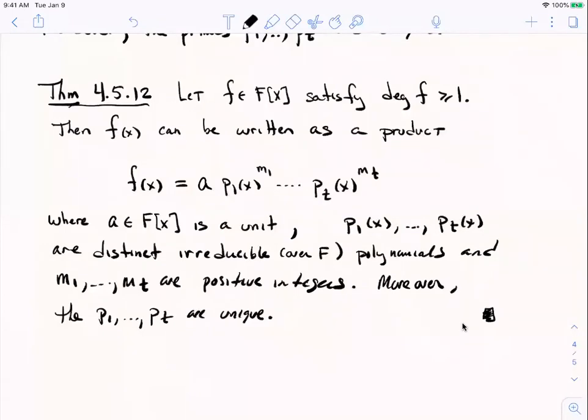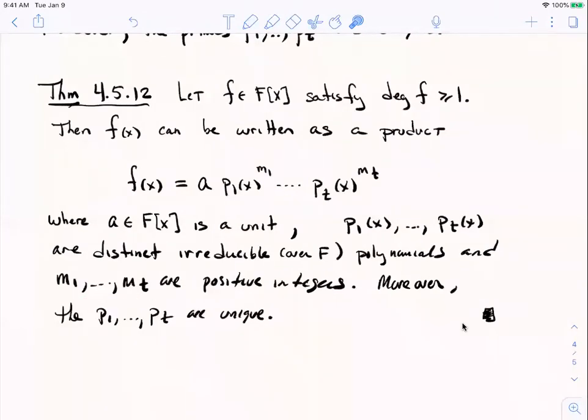It says that if you take a polynomial whose degree is at least 1, that is, it's not 0 and it's not a unit, a very strong analogy, then you can write it as a product in the polynomial ring where this a is a unit, some non-zero constant polynomial, and the p's are distinct irreducible polynomials. The m's, again, are positive integers.